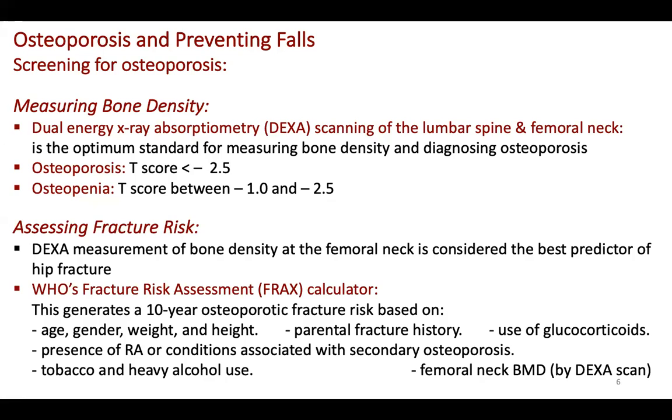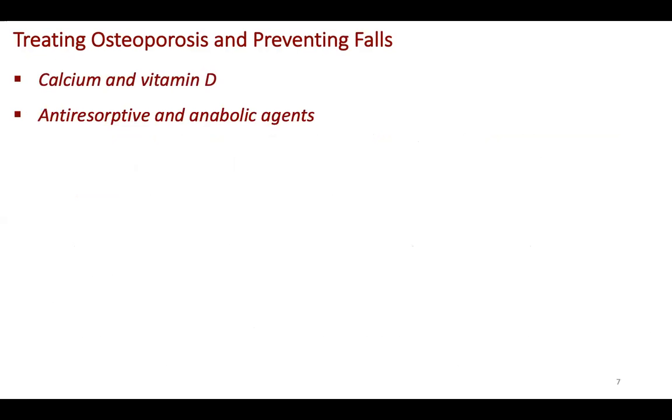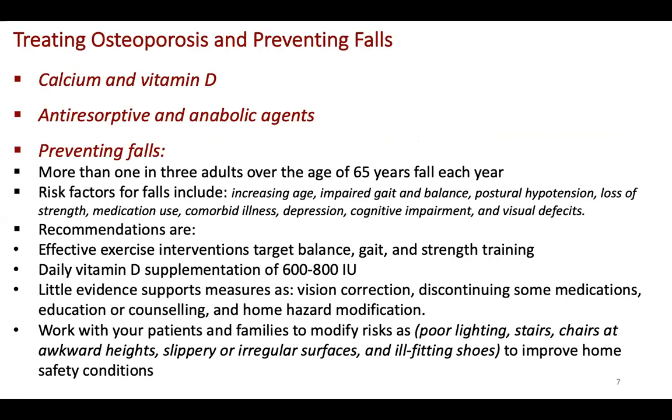And there is a calculator of the fracture risk assessment, the FRAX calculator suggested by the WHO, by which you can assess future risk of fractures in patients with osteoporosis. Treating osteoporosis, you might refer to the PHARM course.